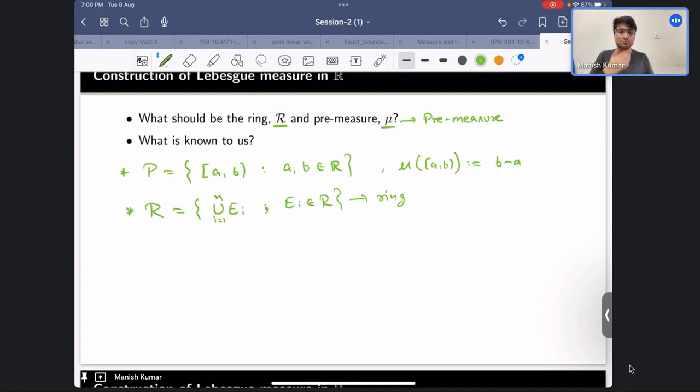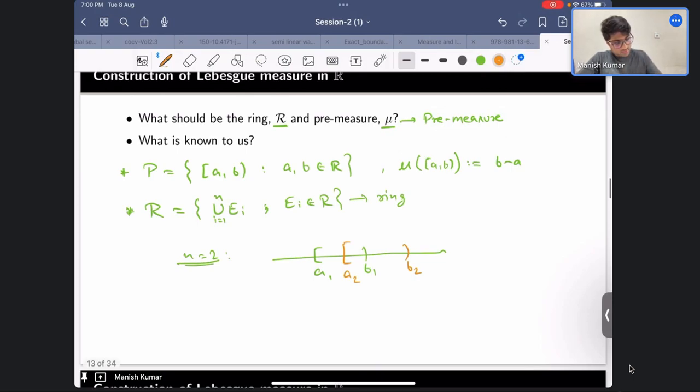Now our idea should be that using what is known to us, we should define some measure here. So how can we define it? Suppose, I am just taking n equal to 2, just to make you understand how we are defining. Suppose this is (a1, b1], and suppose this is (a2, b2].